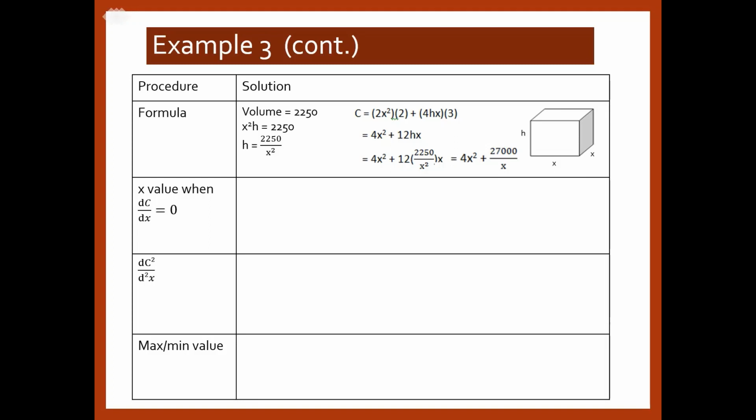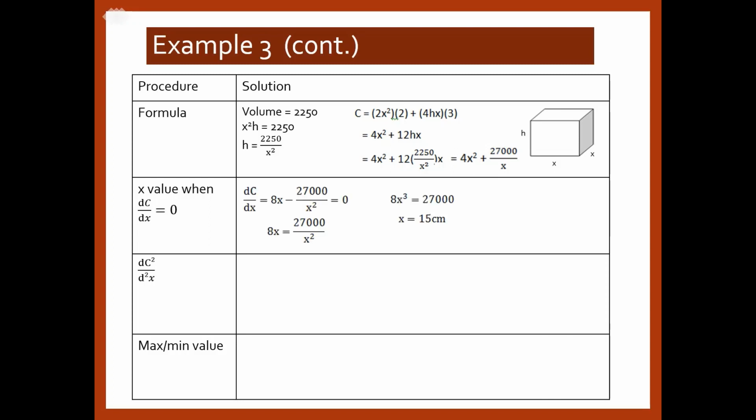The cost of constructing the box is represented as C equal to 2x squared multiplied with 2 plus 4hx multiplied with 3. Substitute h with 2,250 over x squared and simplify. You will obtain C equal to 4x squared plus 27,000 over x.